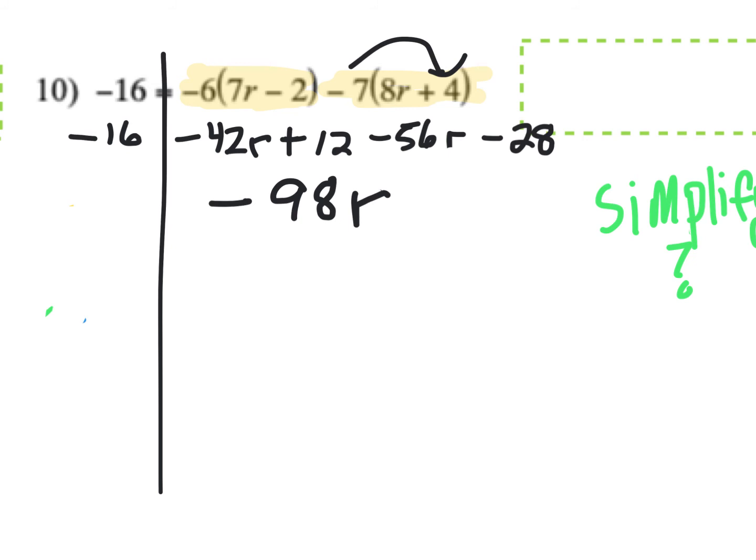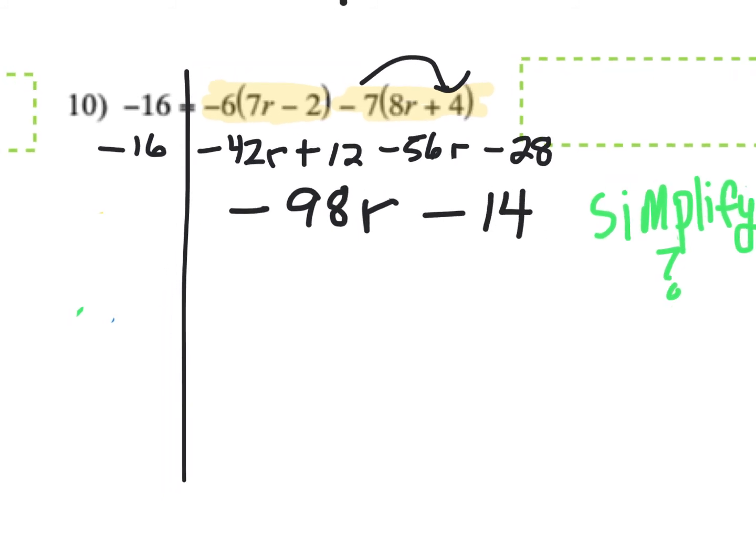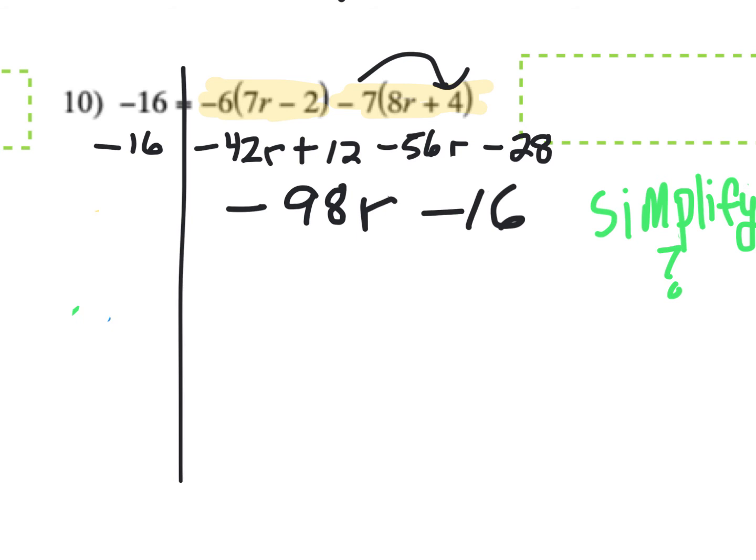If I do 12 minus 28, that'll get me a negative 14. Sorry, just joking, minus 16. Something was bugging me there. Sorry, I added that wrong. So that 12 plus negative 28 is negative 16. Sorry about that, guys. Let me bring down the other side of the equation.